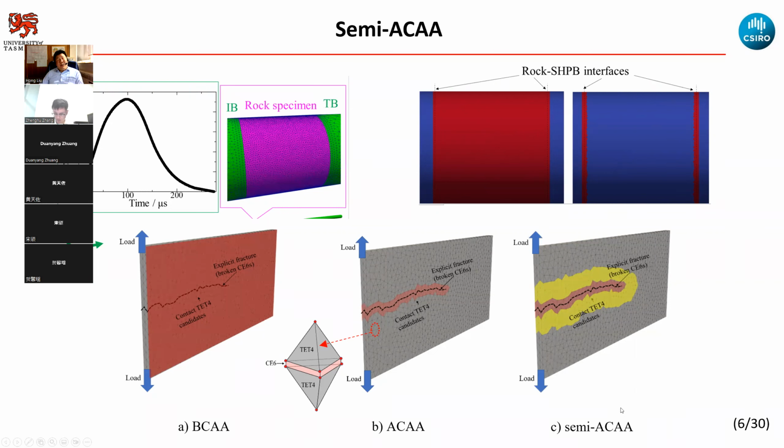Why do we have these different schemes? When we do the FDEM modeling, we have the tetrahedral elements. We are able to model the fracture because between the tetrahedral elements we insert cohesive elements, which for 3D is CE6.